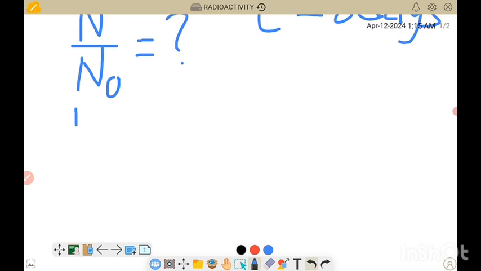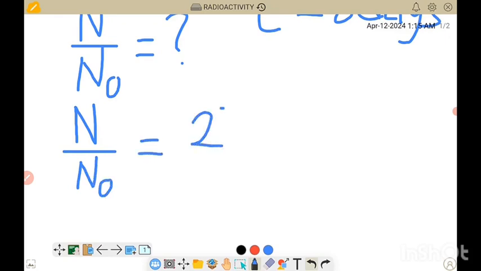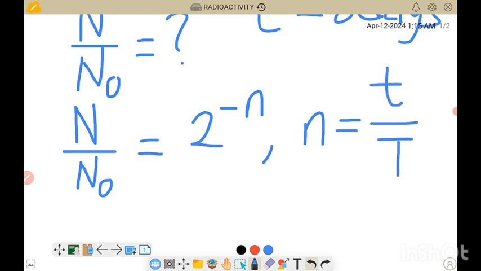You can say n over n naught equals 2 raised to power minus n, and we'll now combine this to have our fraction.